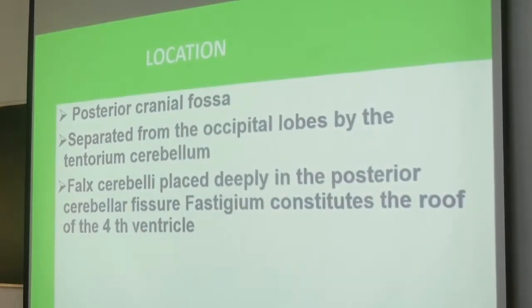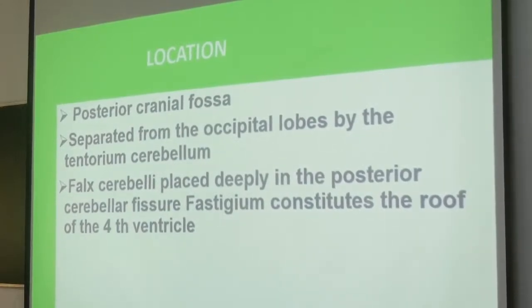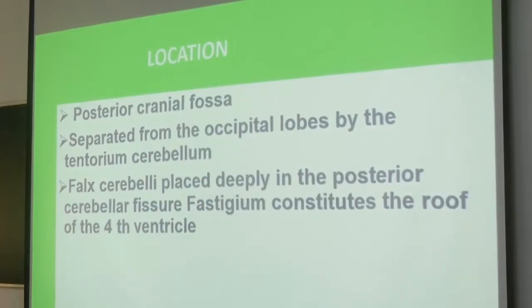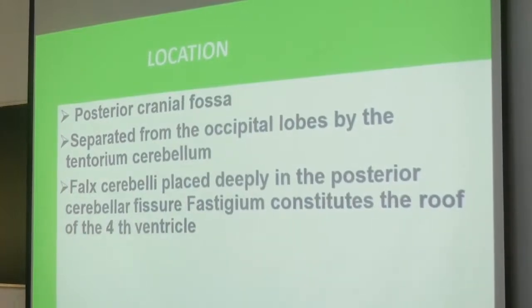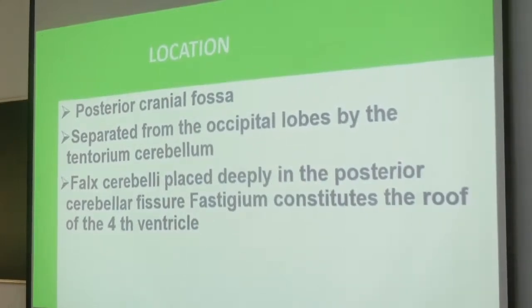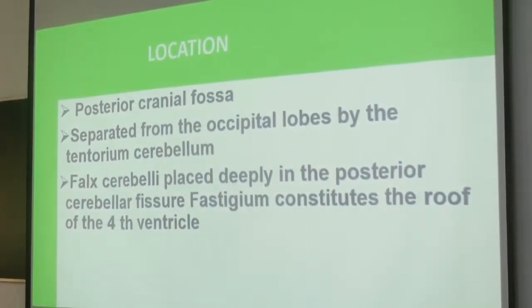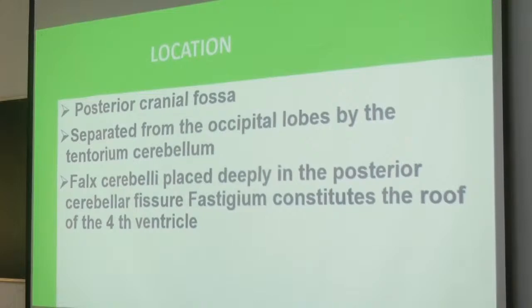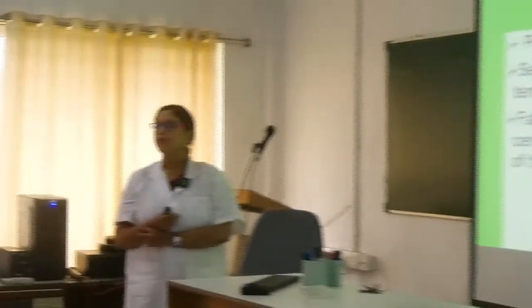Do you know how many fissures the cerebellum has got? 2 or 3? 2 fissures. The first one is the primary fissure, another one is the posterolateral fissure. So they are talking about the posterior fissure.